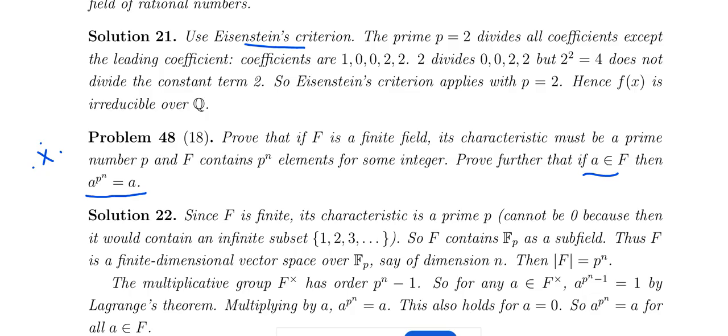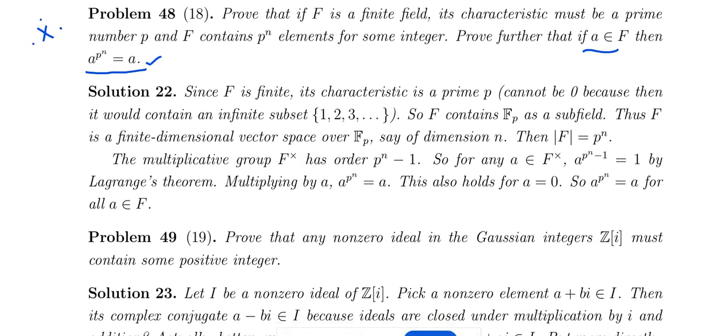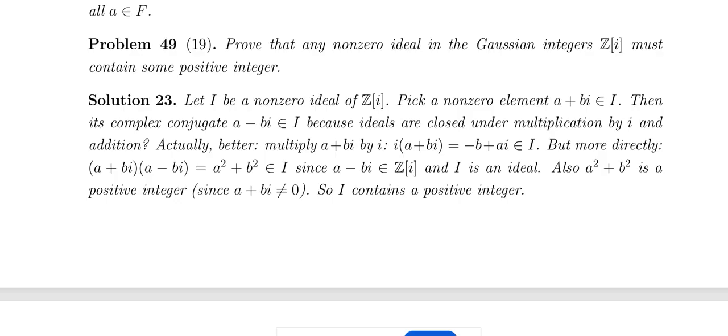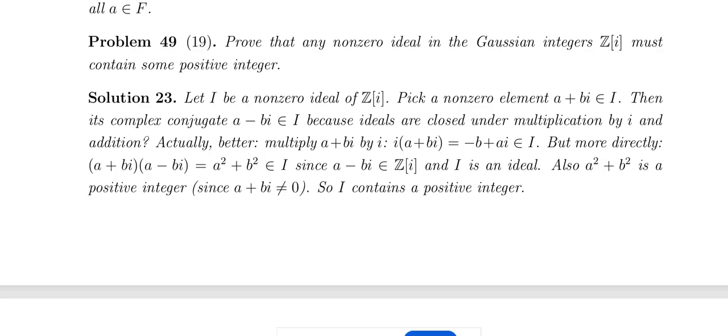And a non-zero ideal in the Gaussian integers must contain some positive integer.